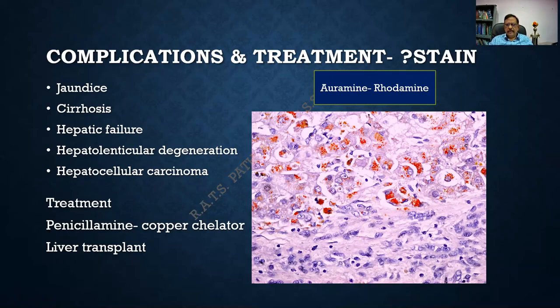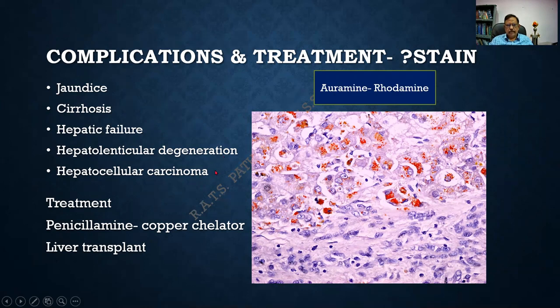Mallory bodies, we had seen earlier, can be seen in biliary cirrhosis, Wilson's disease, alcoholic liver disease, as well as in hepatocellular carcinoma. What are the complications of Wilson's disease? Jaundice, because the liver is affected, and cirrhosis, we had seen. There is liver failure, hepatolenticular degeneration, we had seen earlier.